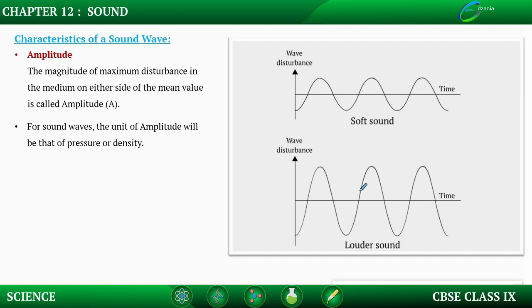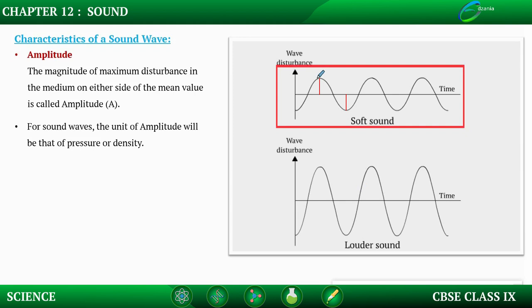Amplitude is actually the distance from its normal pressure to the maximum pressure, or normal pressure to the minimum pressure. Distance between the crest and the normal, or distance between the trough and the normal, is known as amplitude.